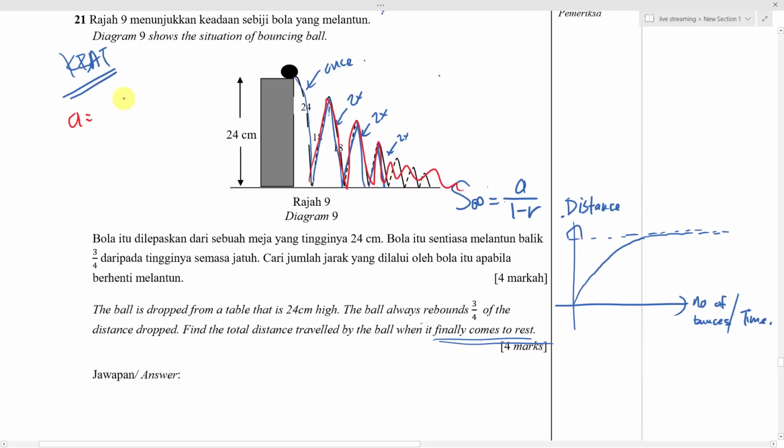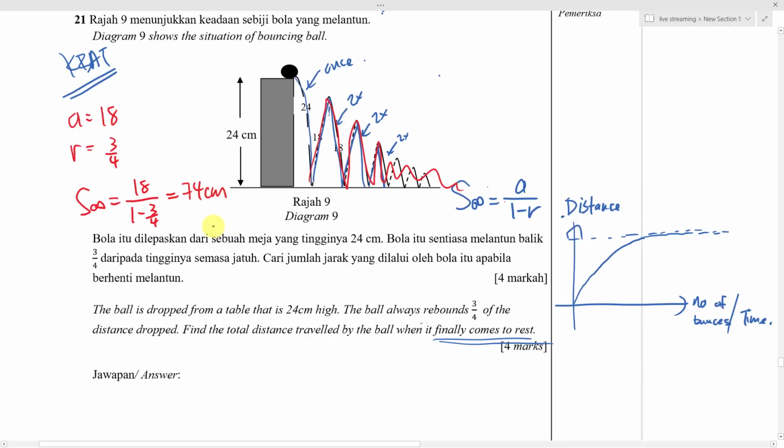So I assume A is 18, and r is given as 3 over 4. Since I know the distance goes until infinity, the sum to infinity is A over 1 minus r, which is 18 over 1 minus 3 over 4. Then you should get 1 over 4, so you get 72 cm.